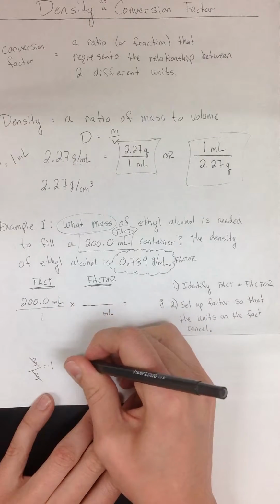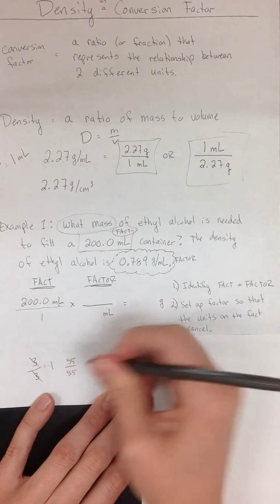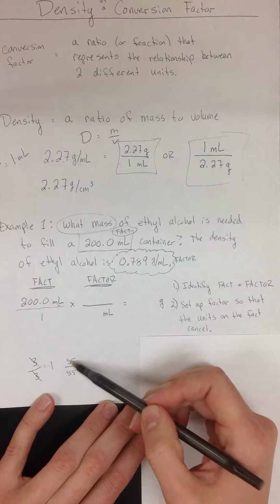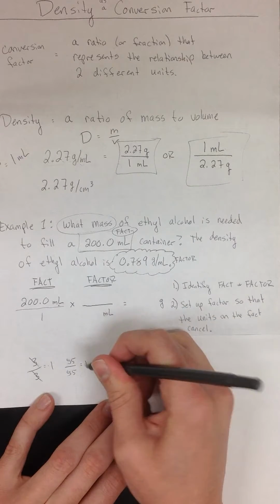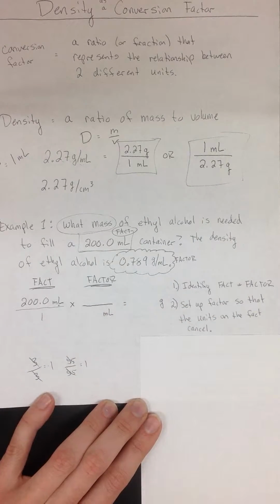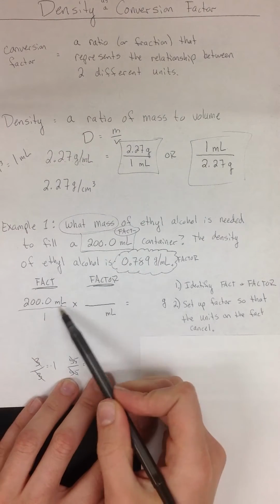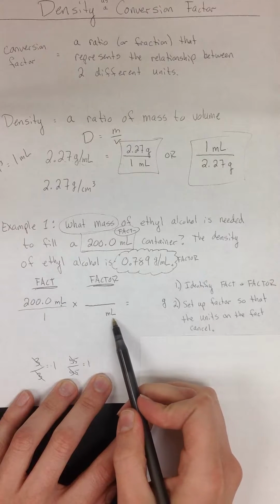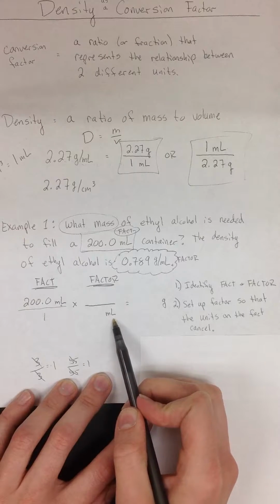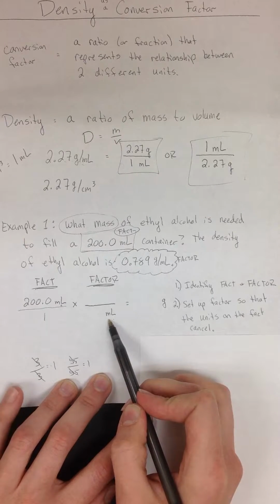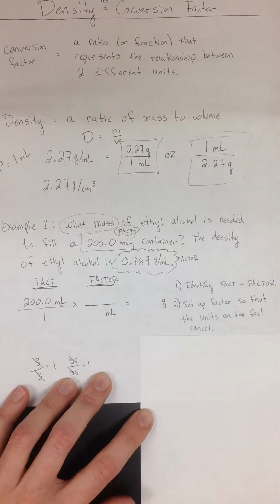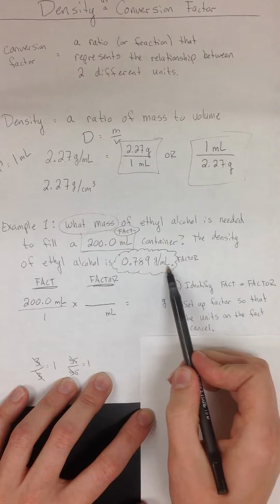If I have a 55 on the top and a 55 on the bottom, they reduce out to 1. That same idea is being used here with our units. We have a unit on the top and the same unit on the bottom, and they will ultimately cancel.